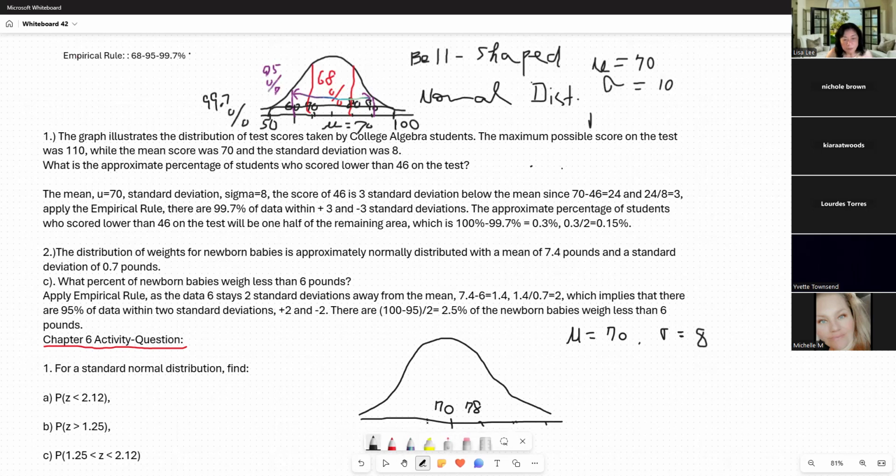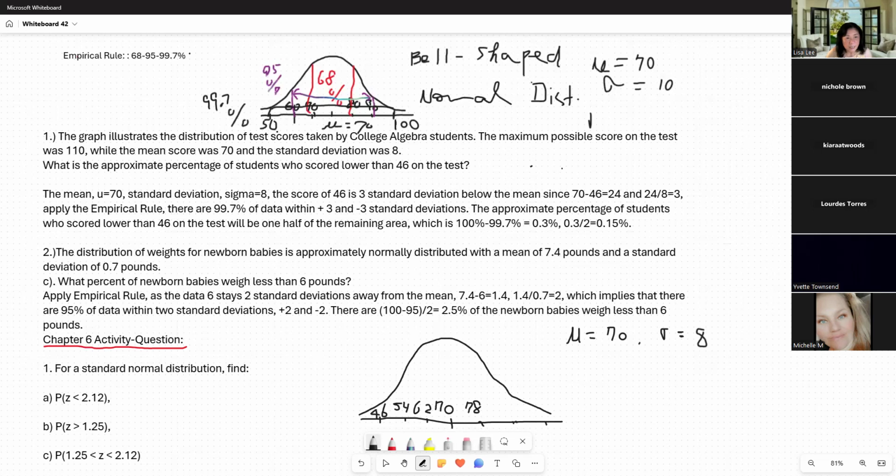And on the left-hand side, you subtract 8, right? So the first one on the left is 62. Then you minus 8 again and you become 54. Then one more, subtract 8. That's how you come to 46.